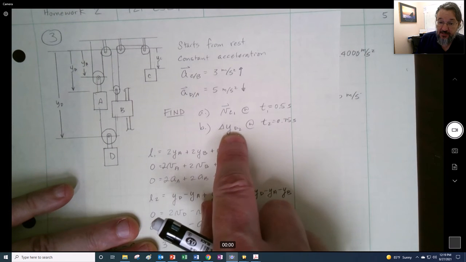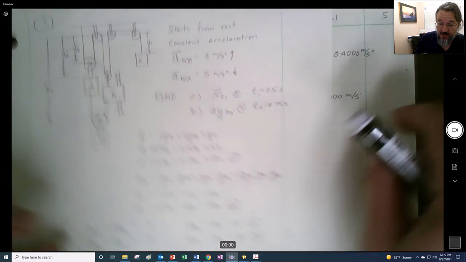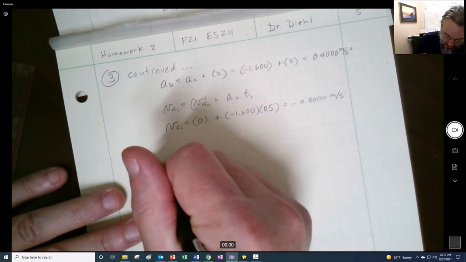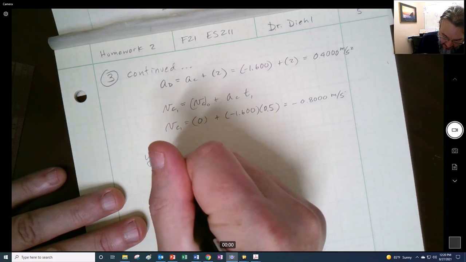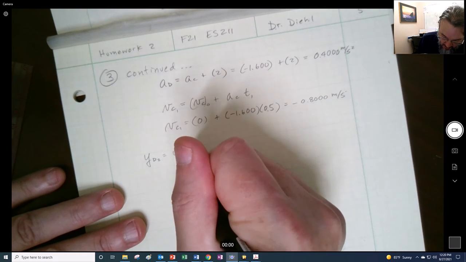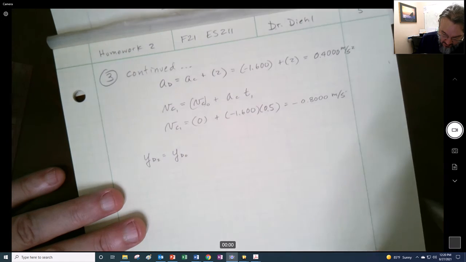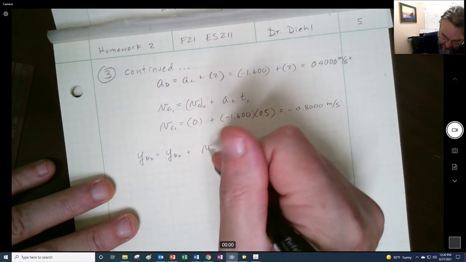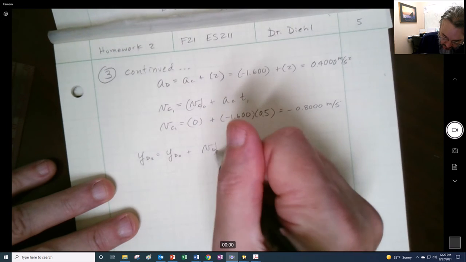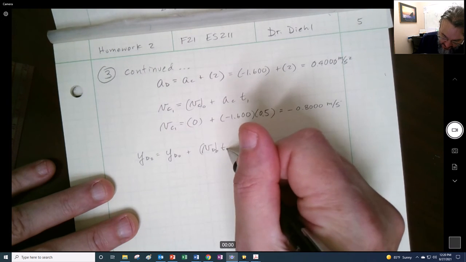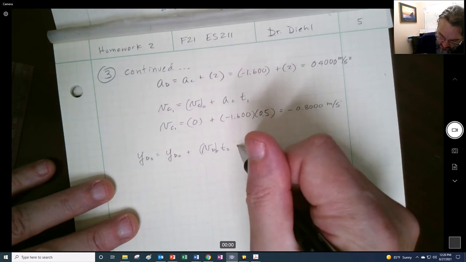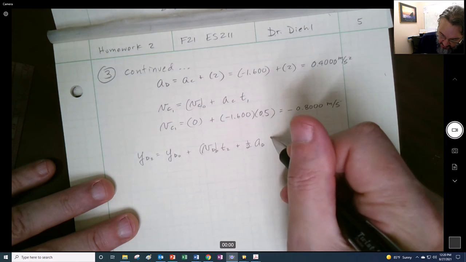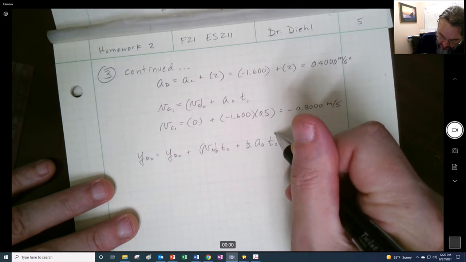And for part B, we need y of d right here. So y of d2 is equal to yd0, plus the velocity of d, 0, times t2, plus 1/2 acceleration of d, which is constant, t2 squared.